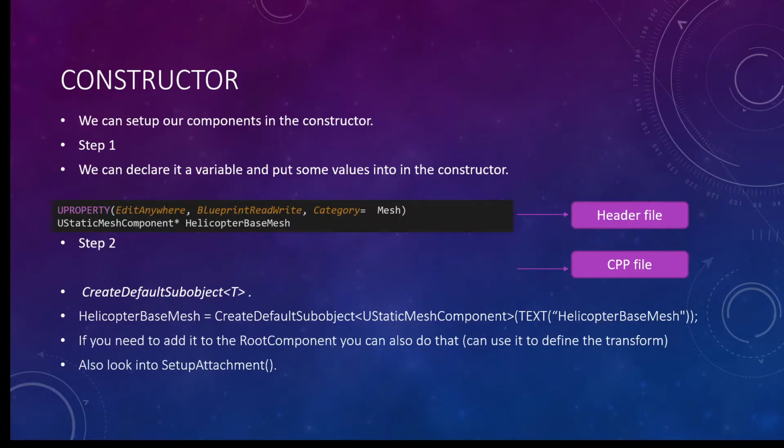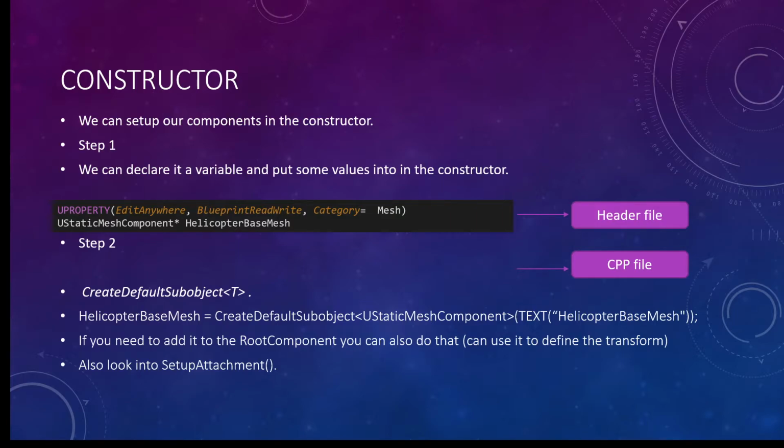I've used a UPROPERTY macro. I've said that I can edit it anywhere, and sooner or later you'll start to see EditAnywhere a lot. It just means that you can edit this anywhere in the editor. The UPROPERTY basically exposes this variable to the editor so that we can actually visually see it.